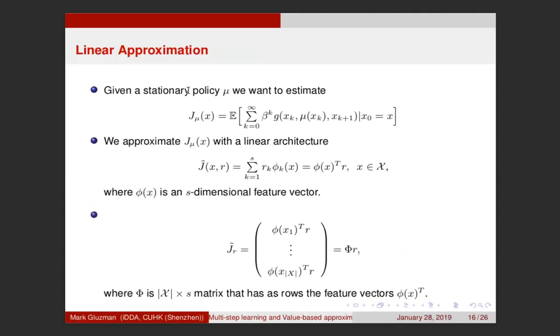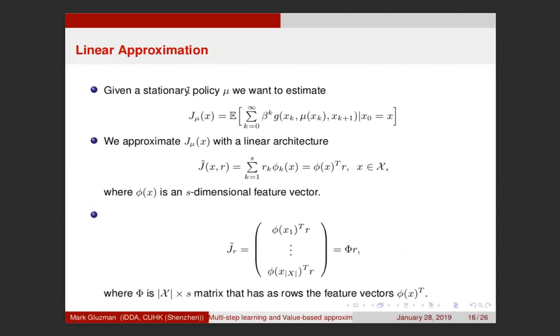We assume that our approximation for this g mu x is equal to some linear function, so it has a linear form. I also wrote this sum as an inner product, where phi x is an S-dimensional feature vector. So phi x is a vector that is equal to phi1 x, phi2 x, and so on.